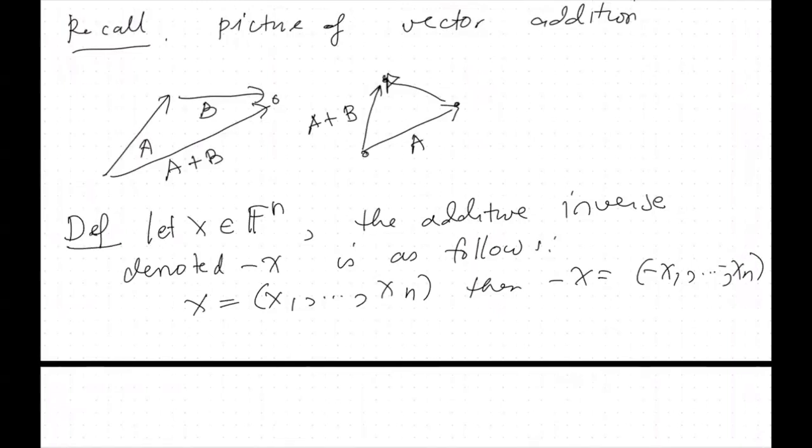All right. So our x plus negative x is just our zero vector.